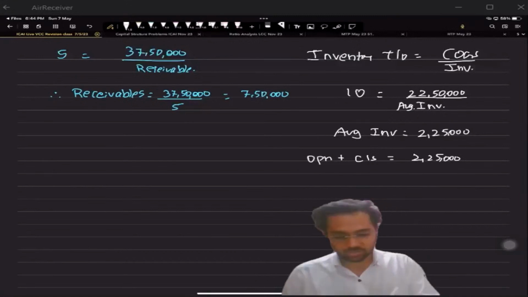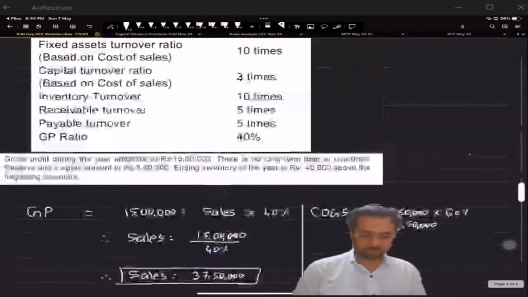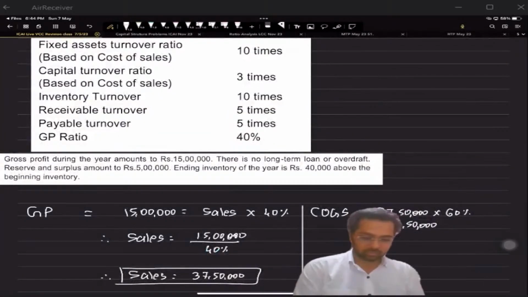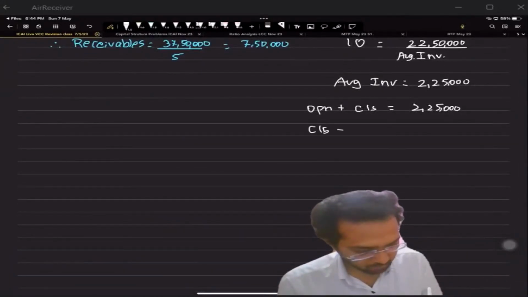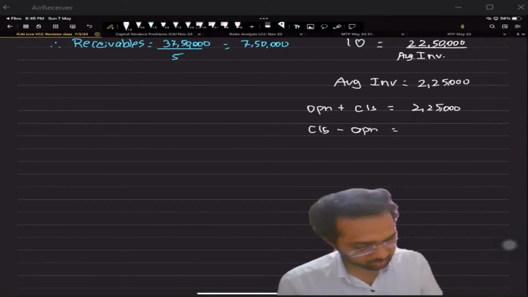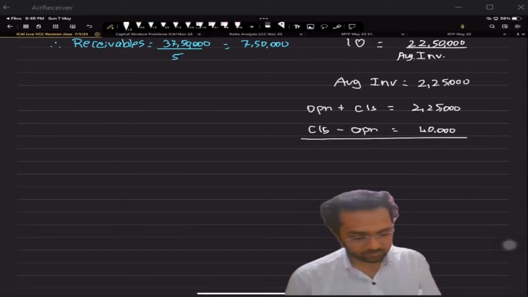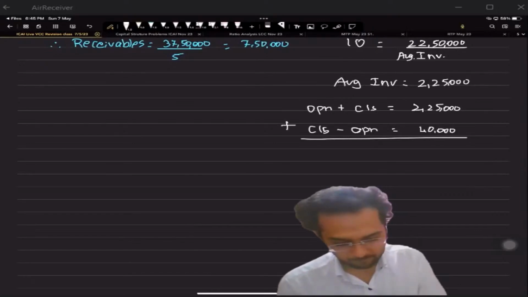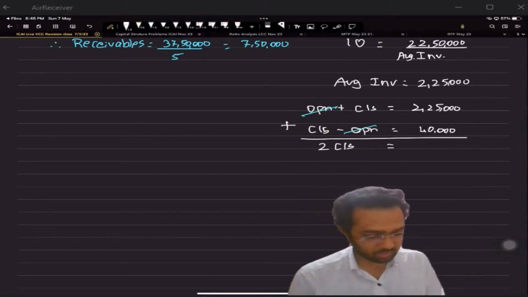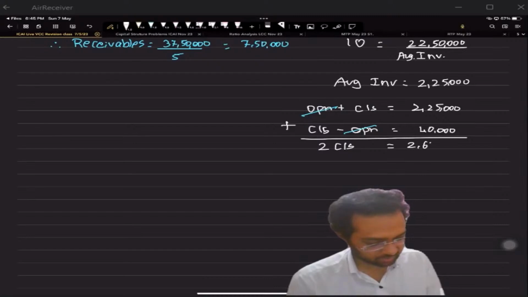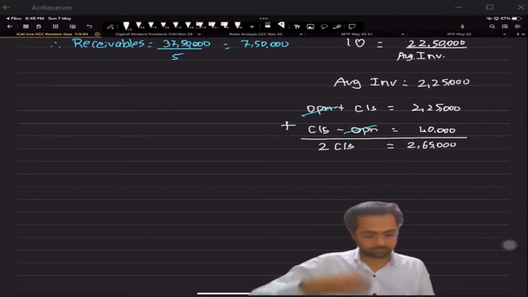And again in this question, we have the information that ending inventory is 40,000 above the beginning inventory. So basically we have closing stock minus opening stock to be 40,000. So if we just add them all, opening and opening get cancelled, and we have 2 times closing stock is equal to 2,65,000.